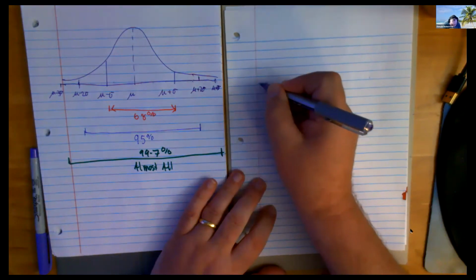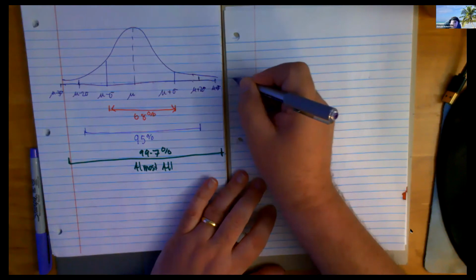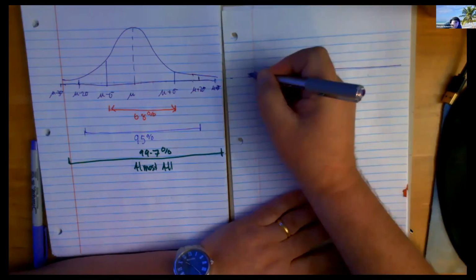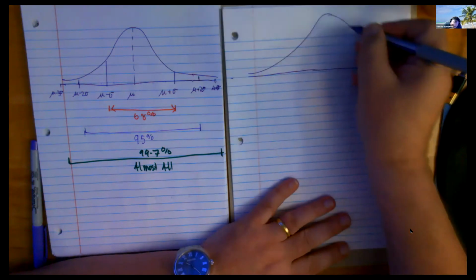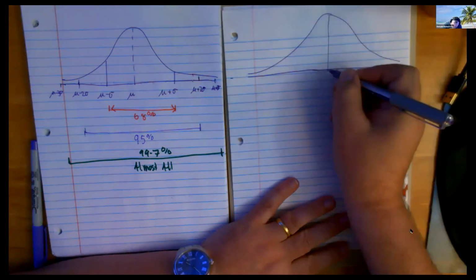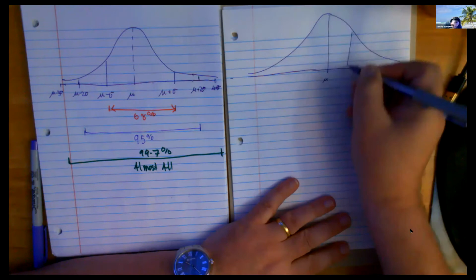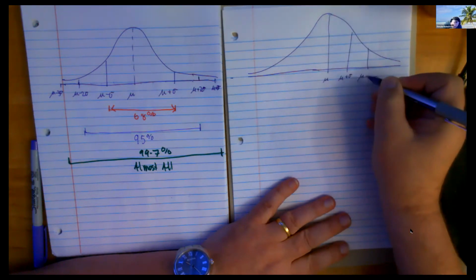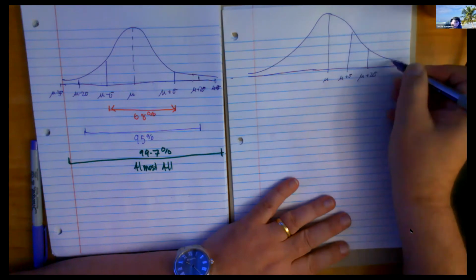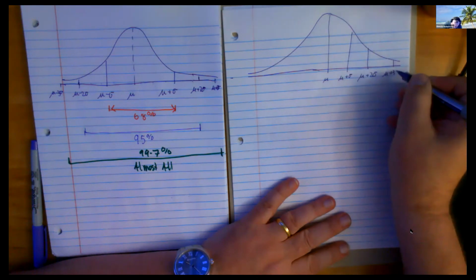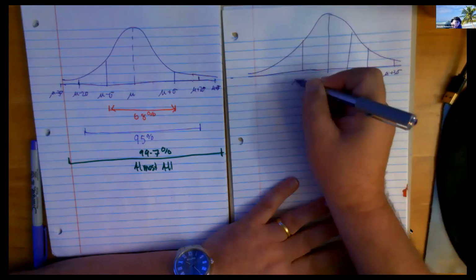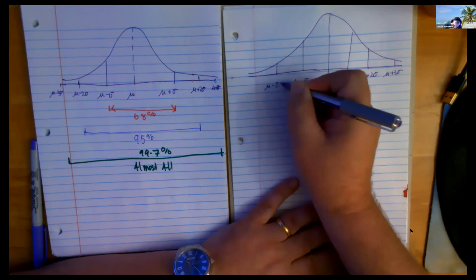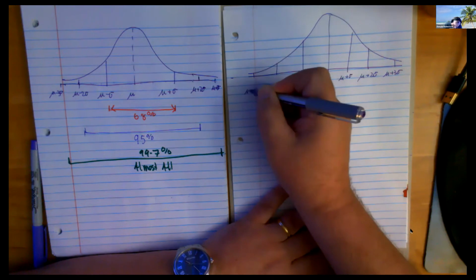I'll try and make it as best I can the same chart. And there is mu, and here is mu plus 1 sigma, here is mu plus 2 sigmas, and here is mu plus 3 sigmas. Mu take away 1 standard deviation, the mean take away 2 standard deviations, and the mean take away 3.